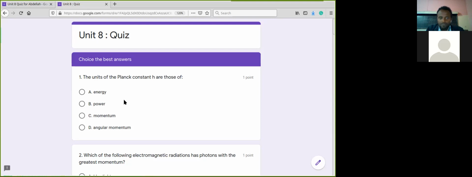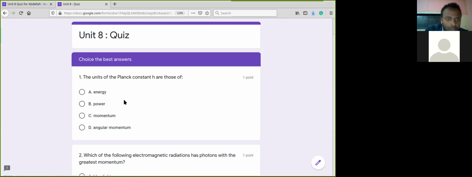The unit will be kilogram meter square per second. So which one is correct from this option? Energy cannot be, yes.